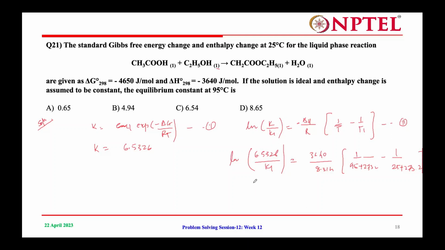So K at 95 degrees Celsius equals 4.94. Right, option B is right.